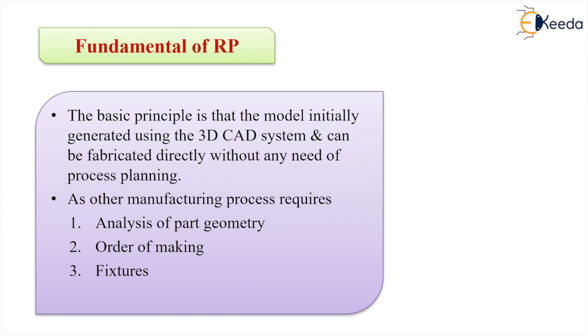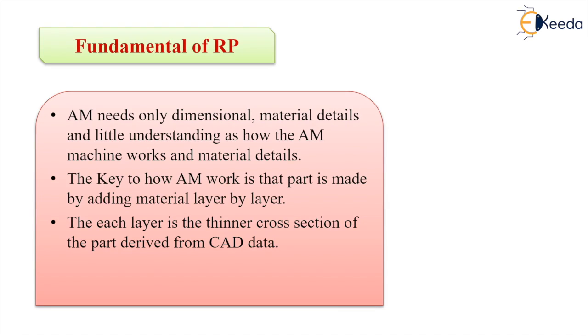Now if we compare this technology, that is RP, with the other manufacturing processes, the other manufacturing processes require careful and detailed analysis of the part geometry, the order of making, and the holding devices like fixtures. But the AM needs only the dimensional details, or you can say little understanding about how the AM machines are going to create that part, or some material details. Okay, but in traditional or other processes we require all the things.